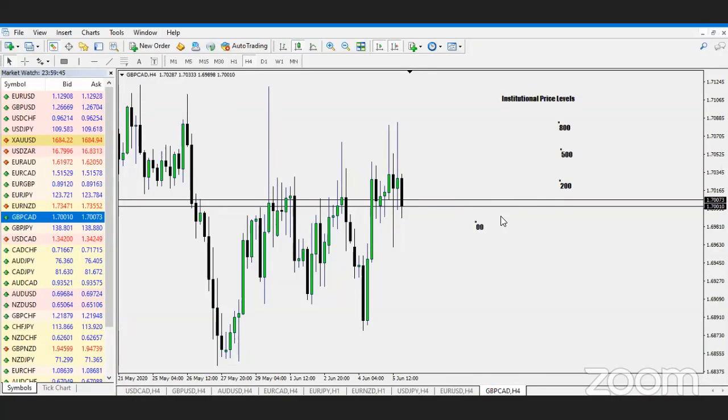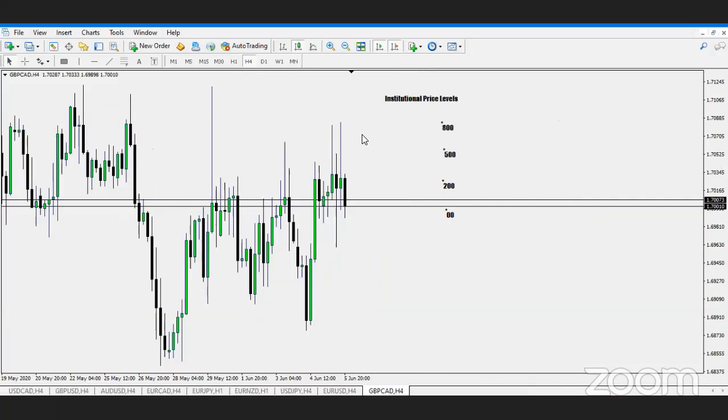Now, if you've ever added these levels to your chart, you will see interaction at these levels. All I'm going to quickly show you is, if I now go and add the institutional price levels, this is GCAD. If I add the institutional price levels of this pair, we can see how price intersects at these levels.